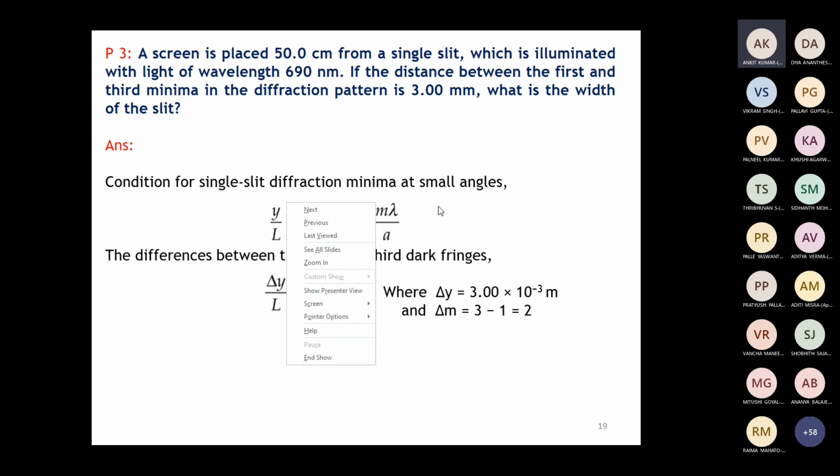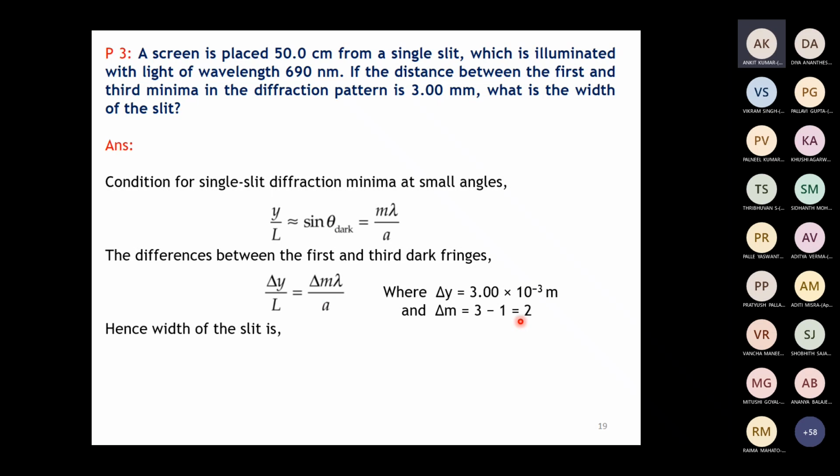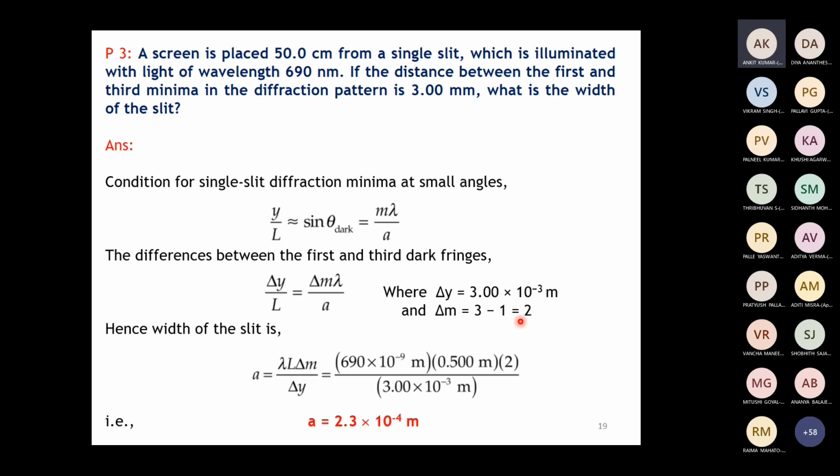And Δm will be, with m being 3 and 1, so Δm will be 2. Hence the width of the slit is a = λLΔm/Δy. So a is 2.3 × 10^-4 meters.